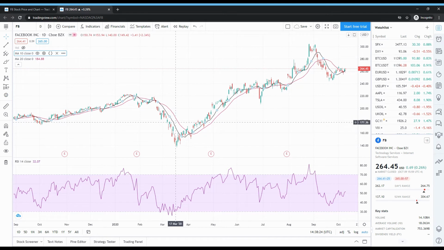So what does RSI do, and how do we use it in relationship with the moving average? As you can see in the RSI right over here, we have a band. The bottom of the band is 30 and the top of the band is 70, which TradingView has provided us. In this band, whenever the line goes below 30, it means the stock is being oversold, and whenever it goes above 70, it's being overbought.